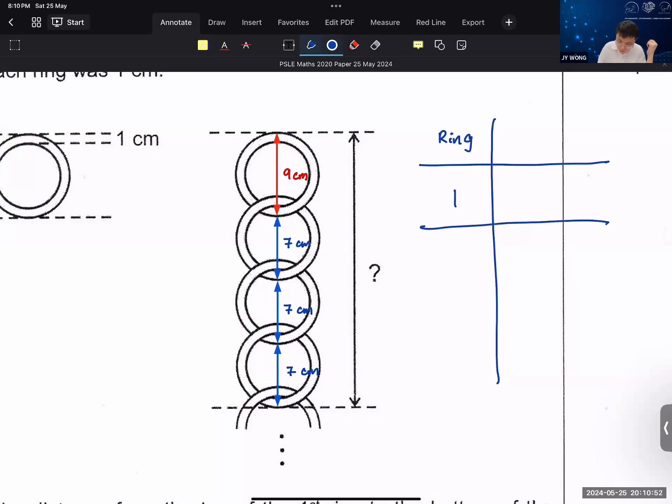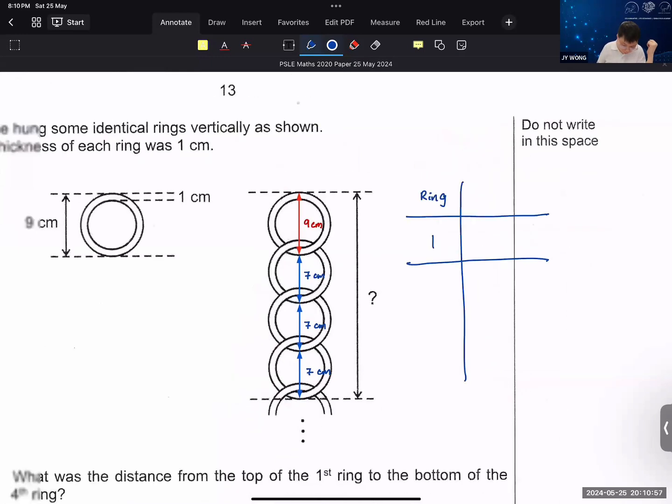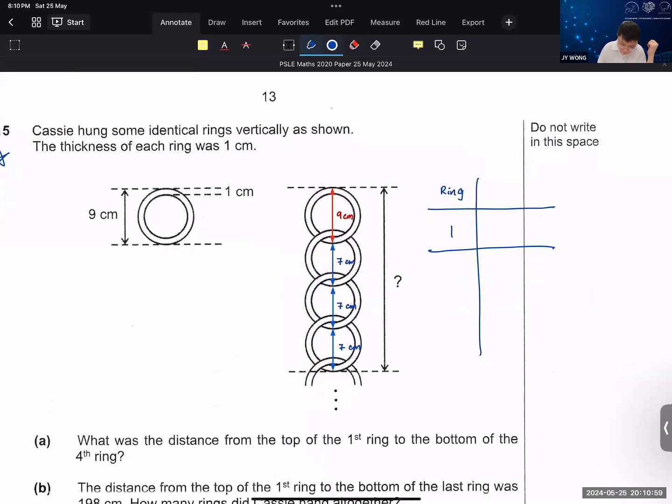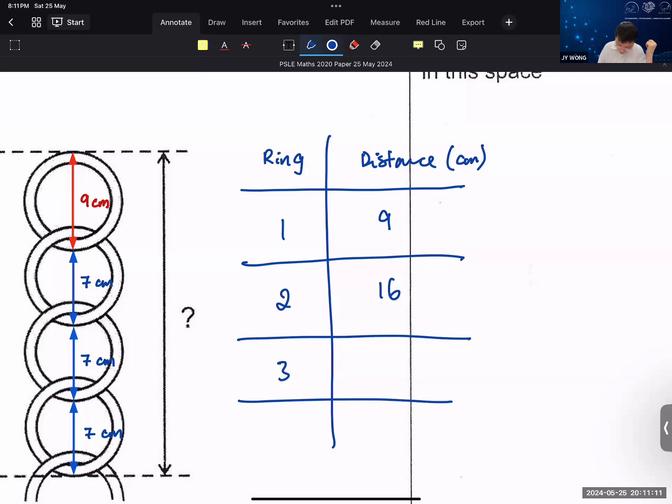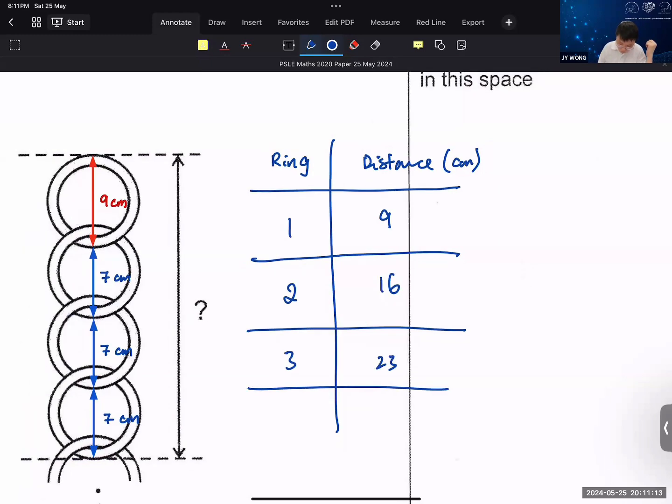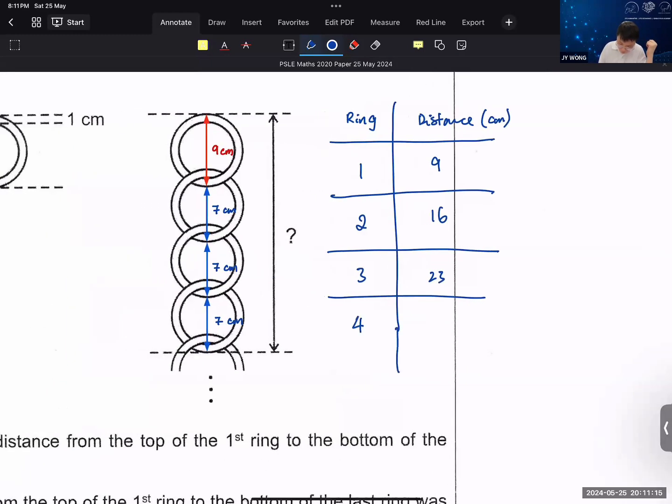So this is the number of rings and the distance. The first ring, the distance is 9 cm. From the second ring onwards, this is 16. This is 23. This is 30.